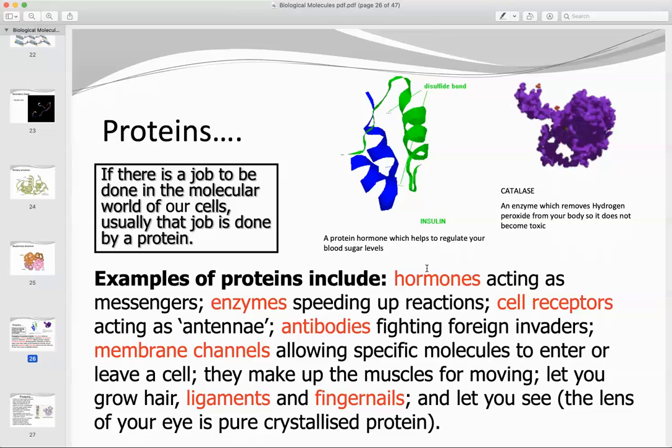Okay, so there are a number of different examples of types of proteins and what their jobs are. So do jot a few of these down.